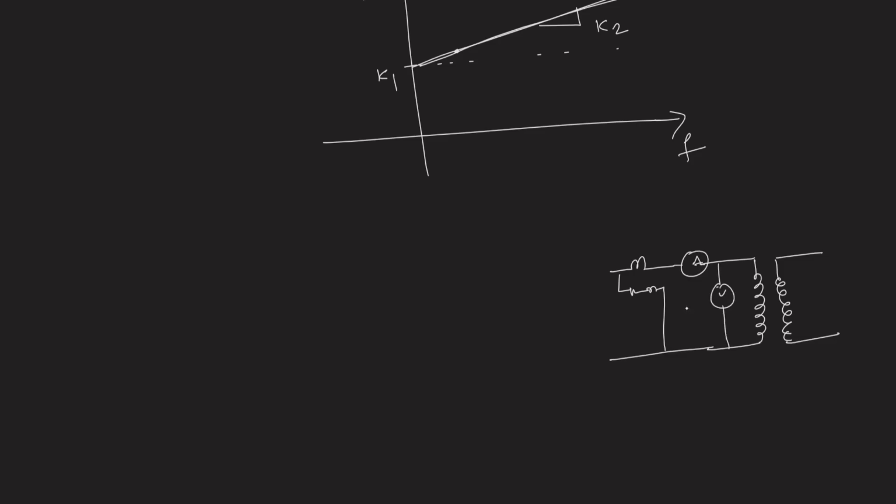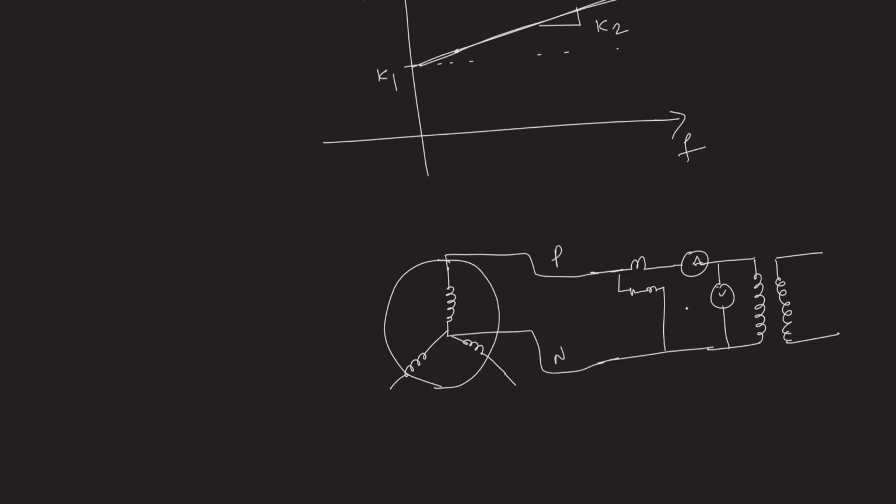Now this is fed from an alternator, because I need to control the frequency and also the voltage. I am feeding between phase and neutral, because this is a single phase transformer.